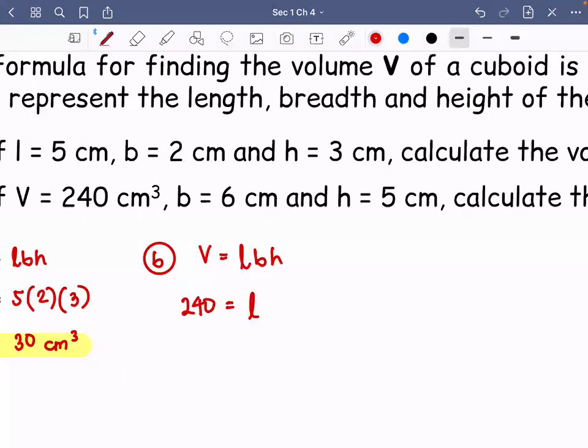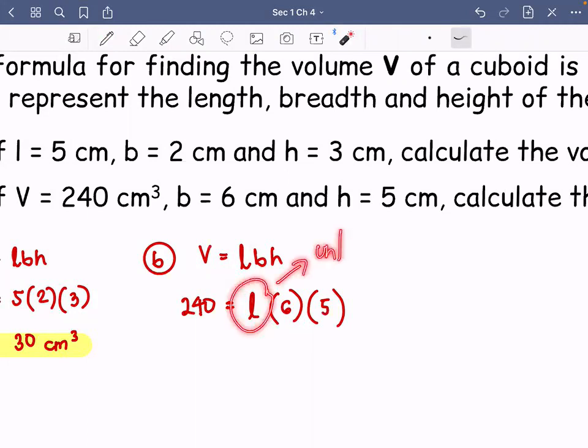The breadth is 6, right? And then what is the height? The height is 5. All right, so if you're looking for L, think of L as just solving for X. Now, what do we do when we solve for X, or we solve for an unknown?